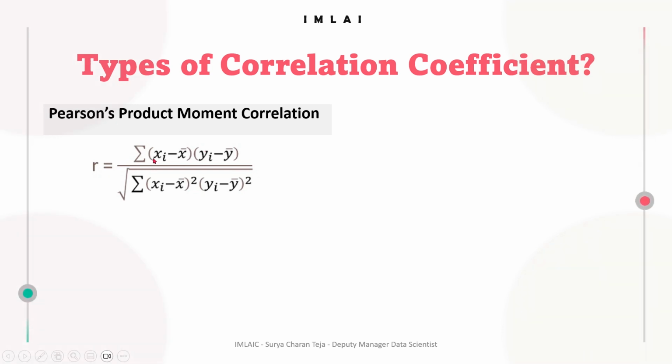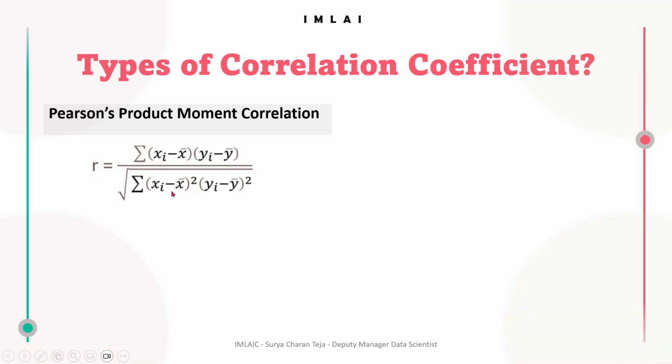So we take the sum of products of deviations of both x and y variables, divided by the square root of the product of the sums of squares of deviations of x and y.